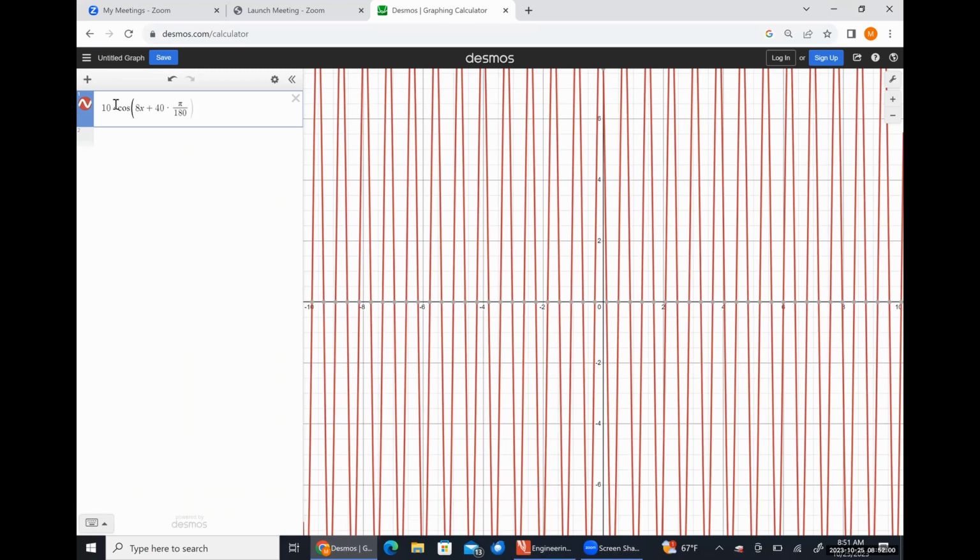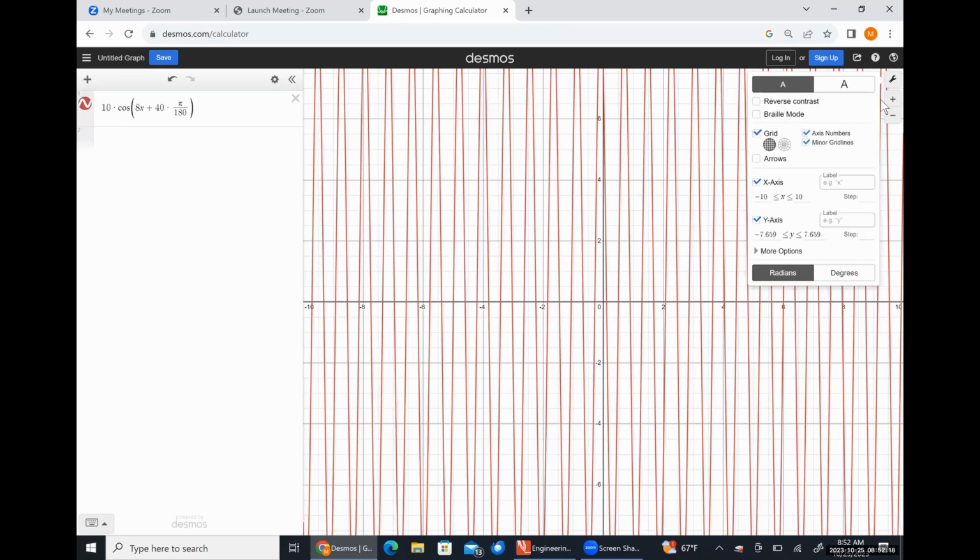Because 8 radians per second times x gives me an angle in radians, and then 40 degrees times pi over 180 degrees is also an angle in radians. So this is VA and it is in red.